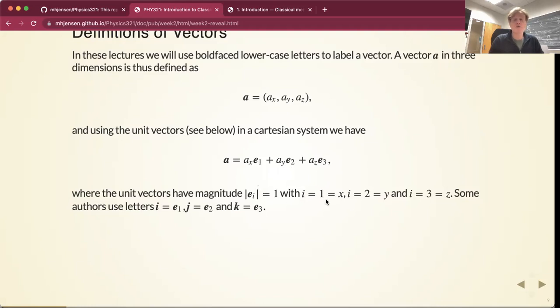Another common notation is to replace E1 by the boldface letter I, E2 by J, and E3 by K. So a notation which you will encounter in several textbooks, instead of E1, E2, E3, is I, J, and K. We may mix between these different notations unintentionally. The textbook is actually doing that, and many other textbooks sometimes are not fully consistent.